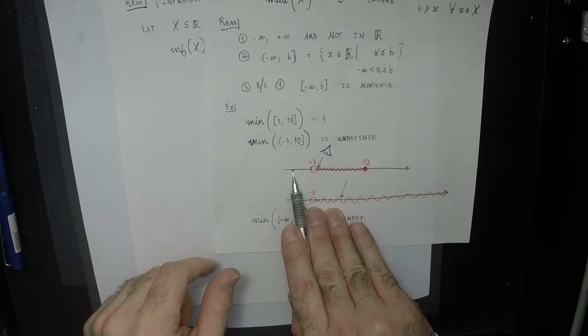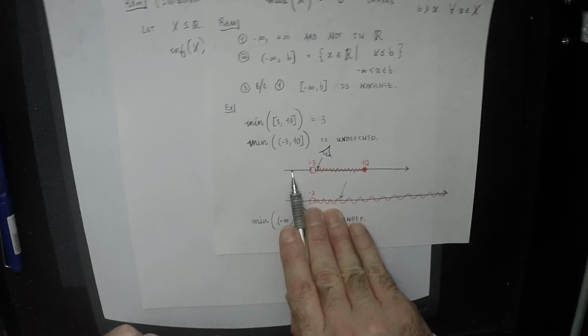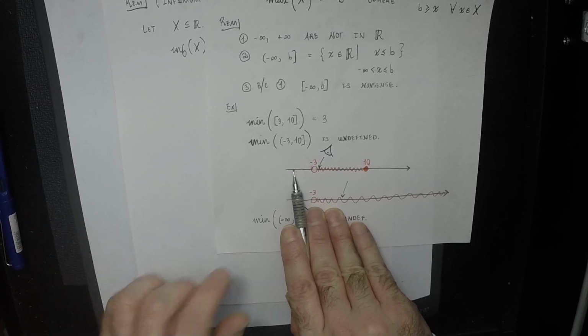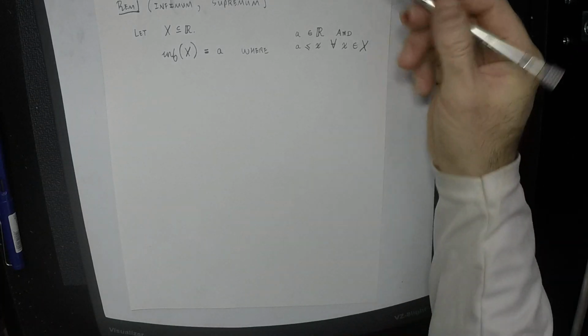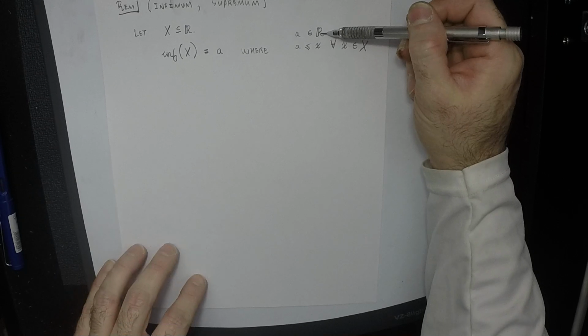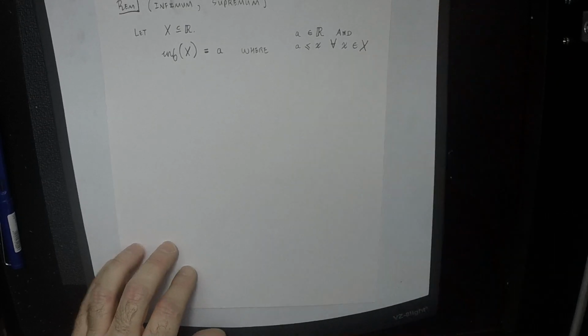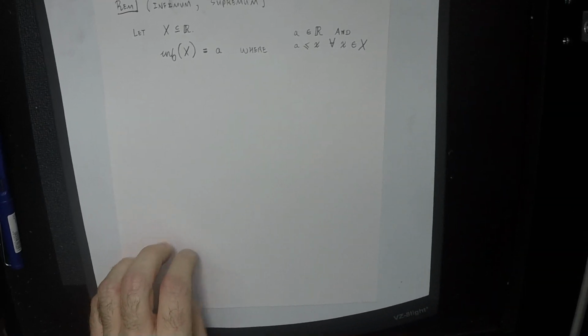Because this point I'm pointing to is real, and it's also less or equal to every red point. You just say it doesn't have to be in the set. Well, we need A to be real, A has to be less or equal to every point in the set, and furthermore what?